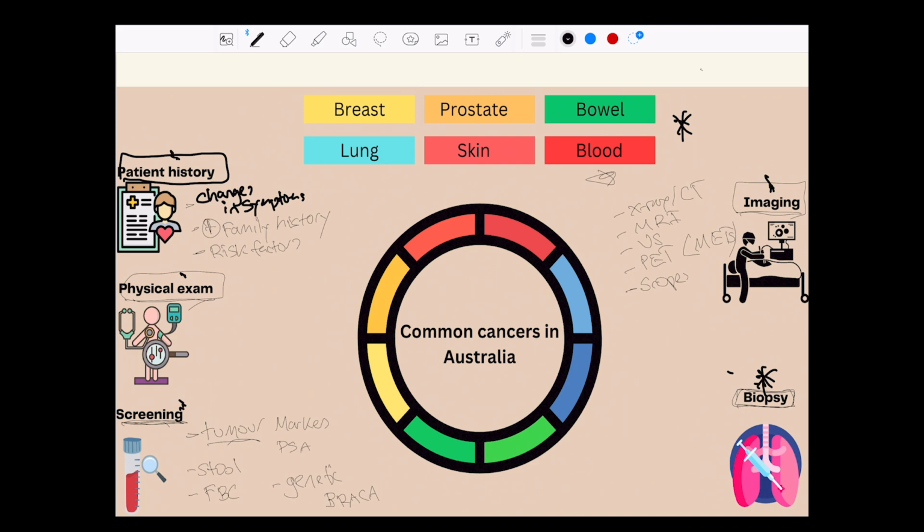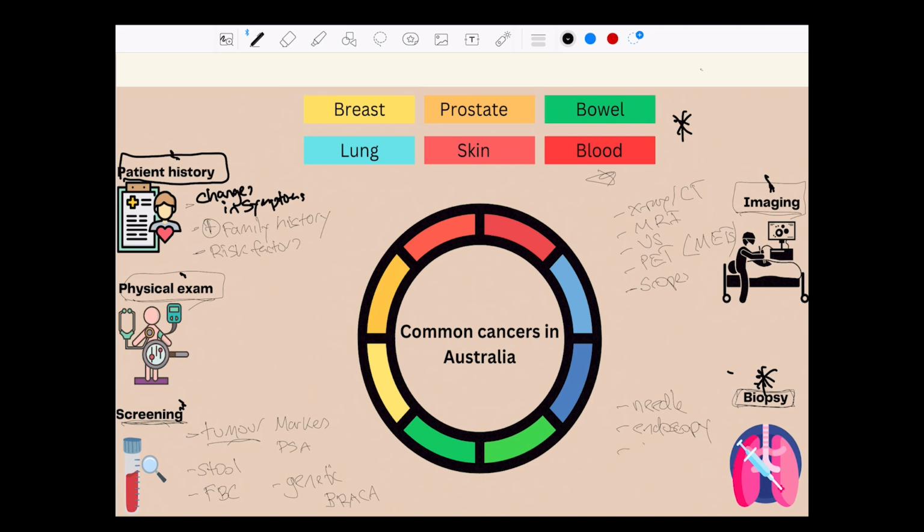So this is basically where a sample is taken of abnormal tissue and it's sent to pathology to look at that tissue under the microscope usually and to see what those cells could possibly be and if they are cancerous. And so these could be done by different ways. We could do needle biopsies, we could do under scope, so endoscopy.